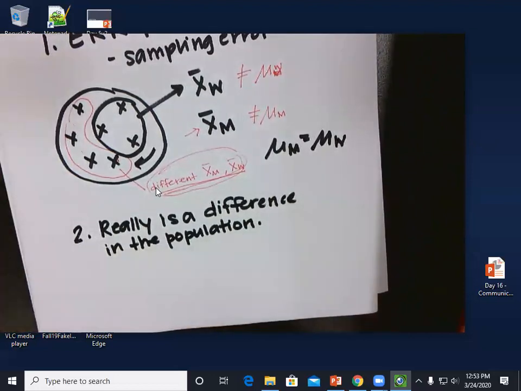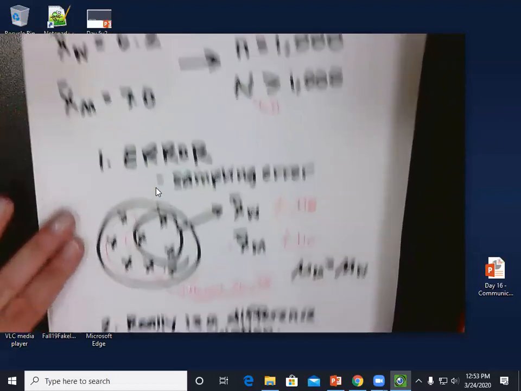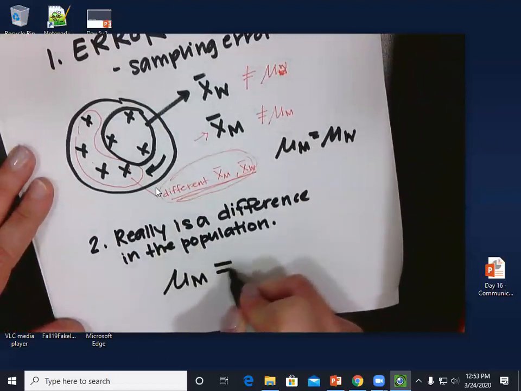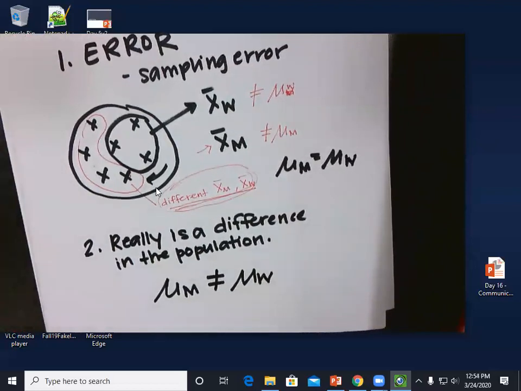It's possible that we are seeing this result in our sample because at the population level, the mean of men is different than the mean of women. And because that's true at the population level, we are seeing that result in our sample. So our sample is just accurately reflecting something that really does exist at the population level.